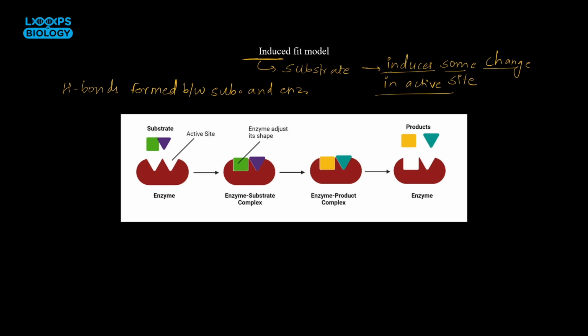Even though the substrate shape is not specific to the active site, the active site can change its shape according to the substrate. As we can see, there is a square shaped substrate and a triangular shaped active site, but the shape of the active site has been changed due to the induction by the substrate present outside the enzyme. So here the enzyme can change the active site shape.